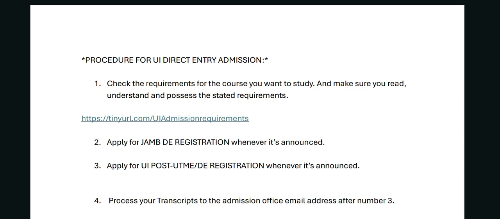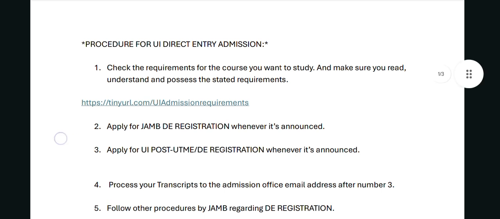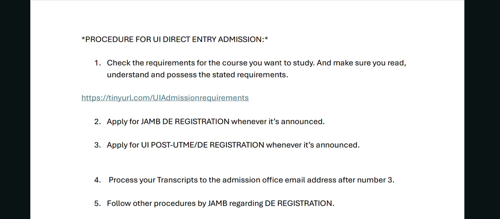the need to satisfy the curiosity of so many direct entry candidates. Over the years, I used to respond to different messages from different angles about direct entry admission procedure and all that, and I've been doing my best to provide answers and offer consultation services for concerned candidates.